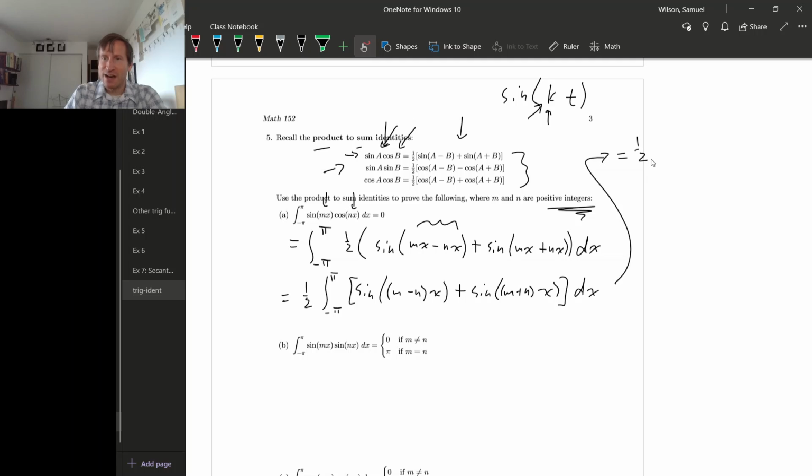We get 1/2. So the integral of the first term is 1 over m minus n times, I guess I get a minus sign and a cosine of m minus n times x, minus 1 over m plus n times cosine of m plus n times x.